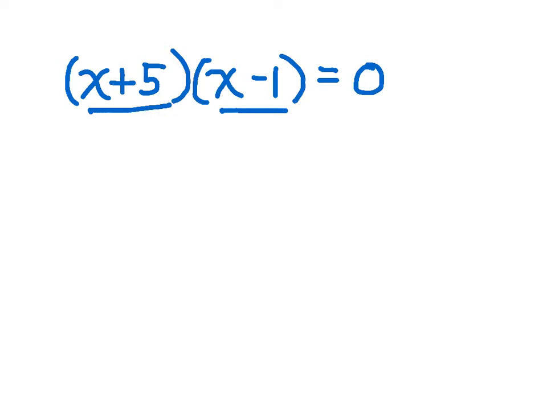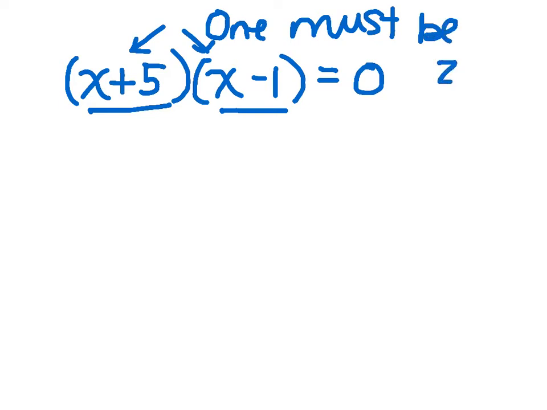Although it looks a little fancy, or perhaps not as clear as saying, I don't know, 2 times 0 equals 0, if I'm saying one number times another equals 0, then one of these must be 0.